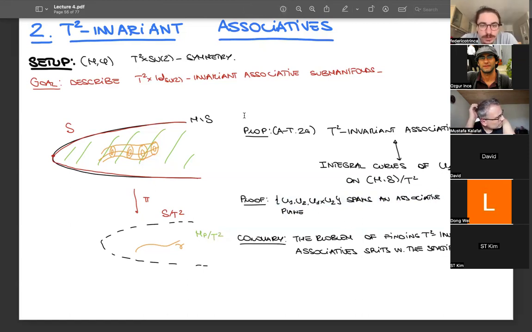A consequence of such a theorem is that the problem of finding T2 invariant associatives splits with the stratification. The reason is that the integral curves of U1 times U2, so the gradient of nu, are invariant under the T2 times SU2 action. So if we move along the integral curve, we won't change the stabilizer.